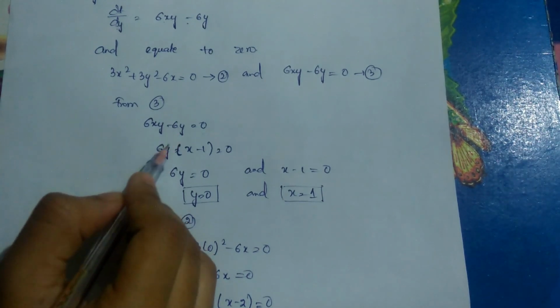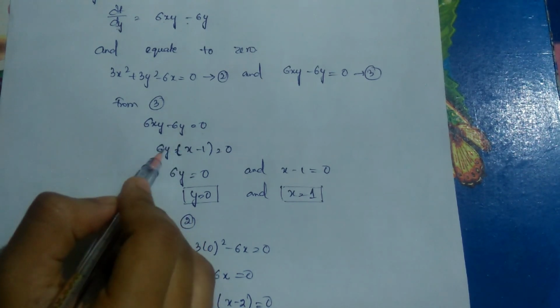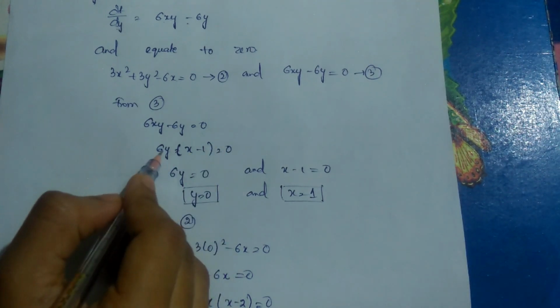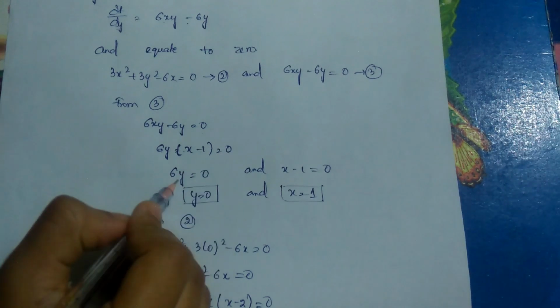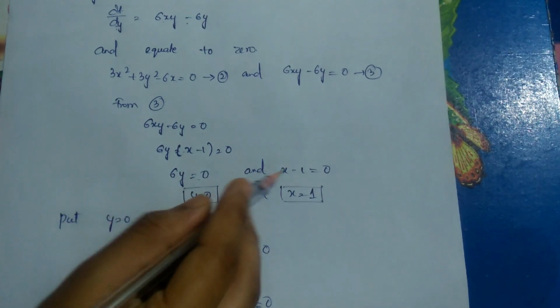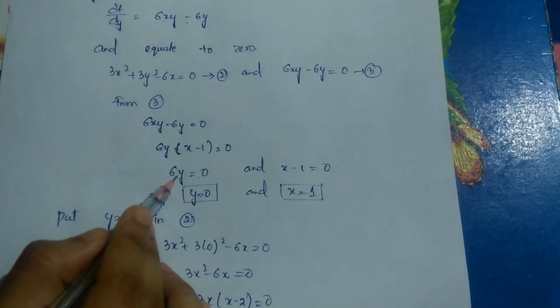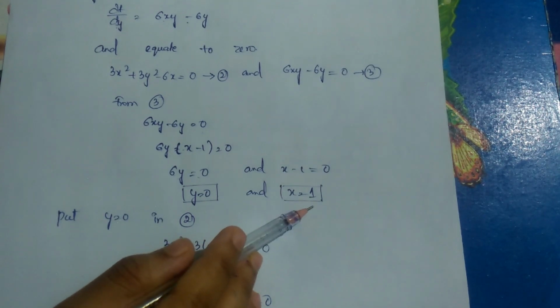If we take 6y common, x will be left over in the first term and 1 in the second, that is 6y of (x minus 1) equals 0. So 6y is equal to 0 and x minus 1 is also equal to 0. From this, y is equal to 0, and from this we get x is equal to 1.